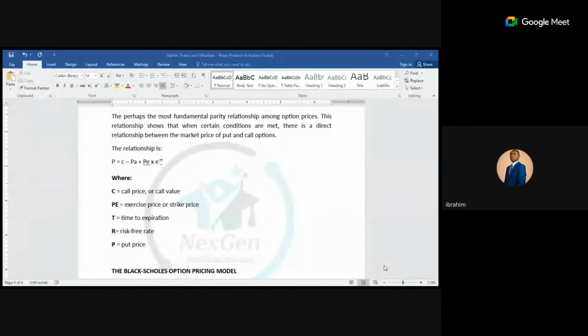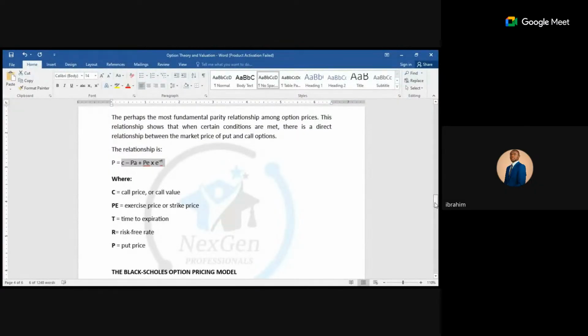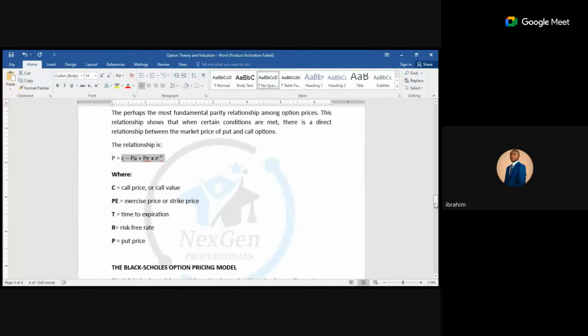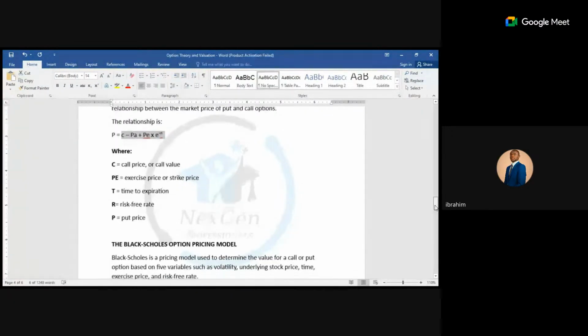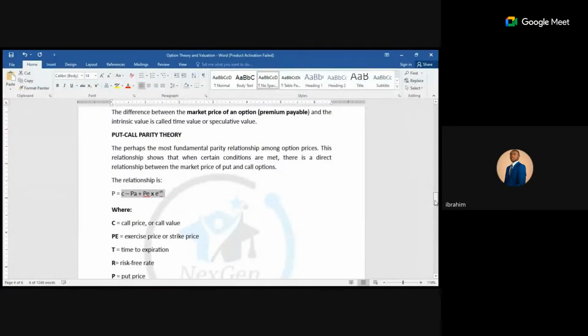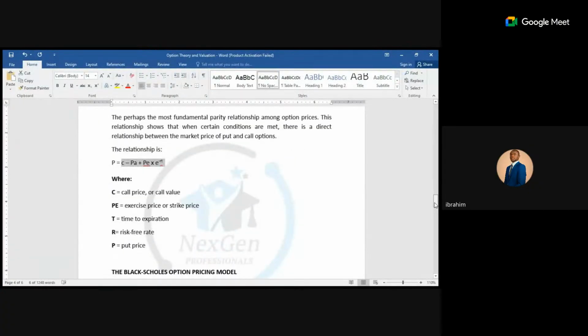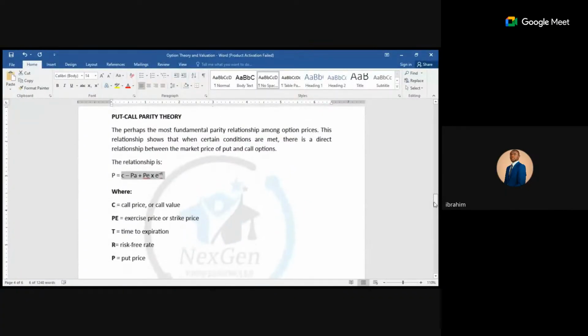R represents the risk-free rate, and P is the put price. So this is the formula for calculating the put-call parity. It shows the relationship between the call and put option. So the examiner may ask you to calculate the put-call parity.